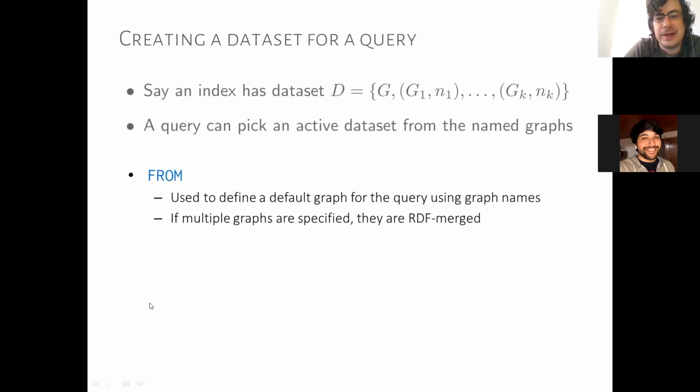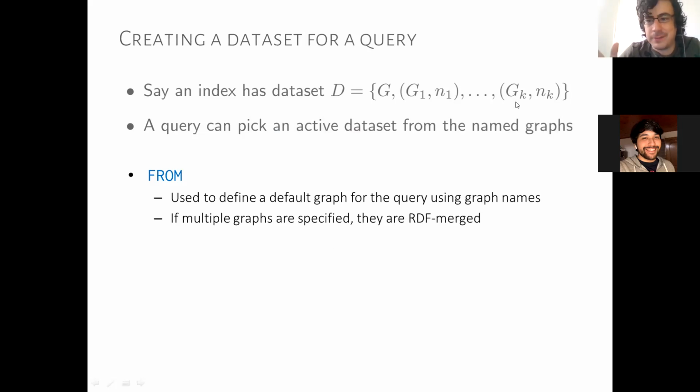We can create this active data set using two features. We can use FROM, and we can use FROM NAMED. So the FROM is used to define the default graph. It's used to define this graph here for the query-specific data set that we're going to use. If multiple graphs are specified, they are RDF merged. So we can essentially take multiple of these graphs, G1 to GK.